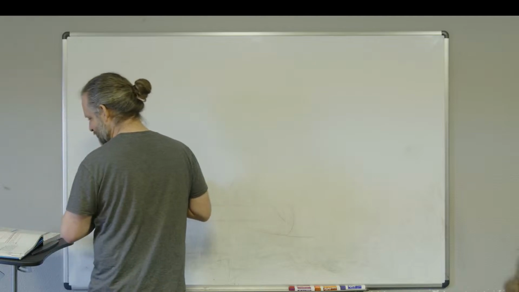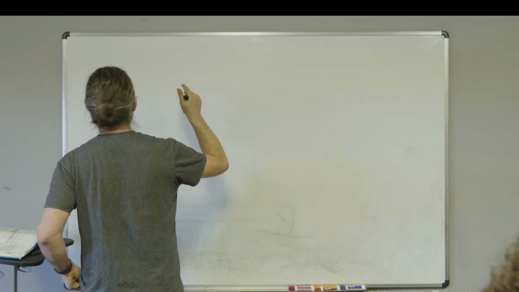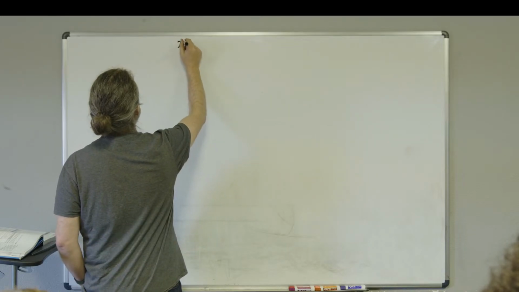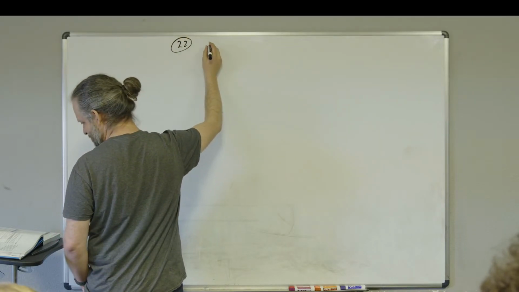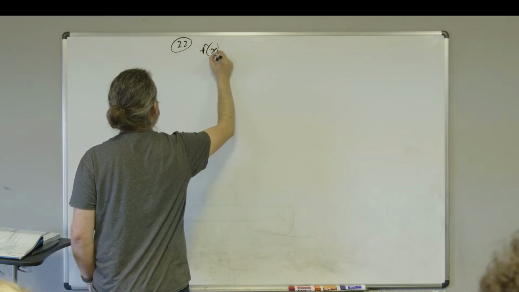Good to go. Number 22. Big babies. No, we're little babies. There's a difference. Malcolm, you weren't anything but little, bro.